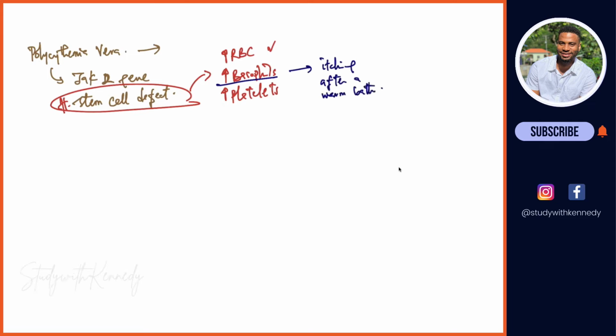You may be reading a vignette and they tell you the patient had itching following warm baths, and you're thinking, what does that even mean? That's a symptom that a patient with Polycythemia Vera is going to have. Because the red blood cells are so high, they're going to have increased viscosity. The blood is too thick, basically. And because the blood is too thick, there's going to be hypercoagulability, right? It's easy to obstruct blood vessels.